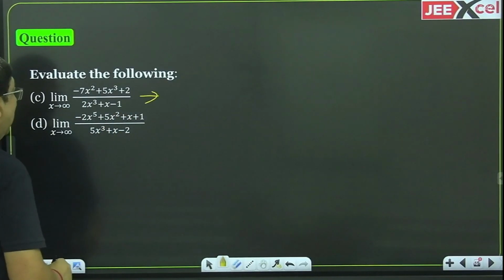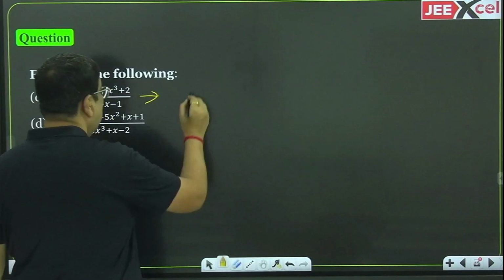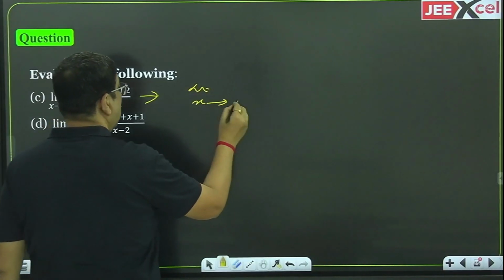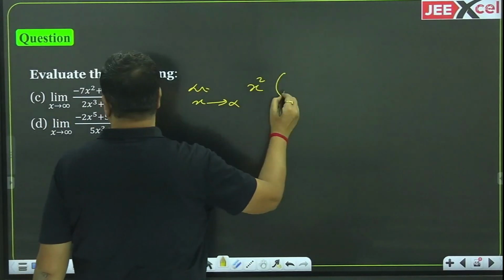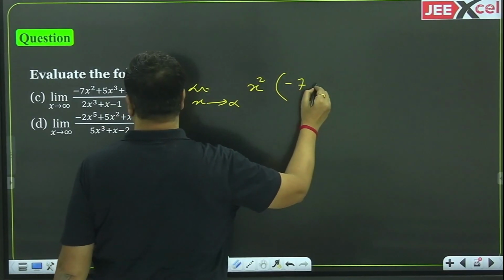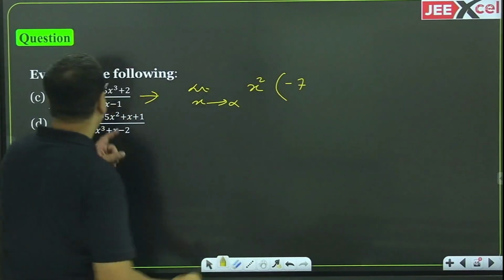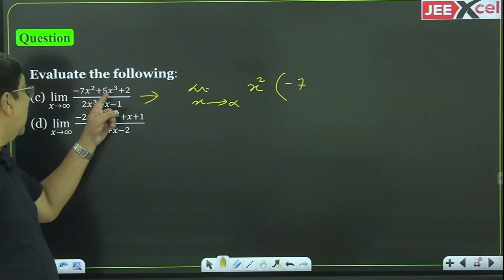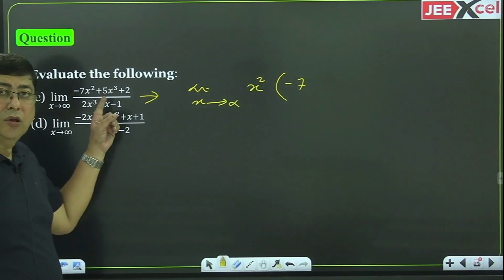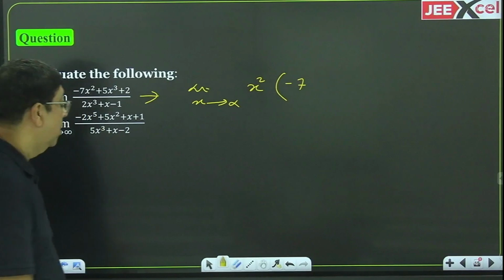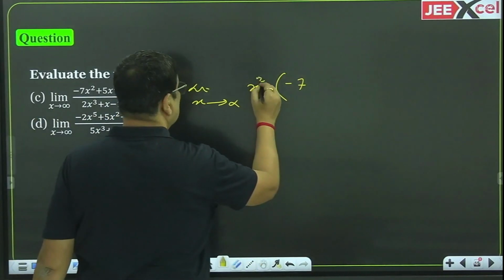What is happening? First you have to divide by x square. Same concept. So take x square common, so what is coming, -7 x cube, sorry, in this case the highest power is x cube, so we have to take x cube common. So this is x cube.